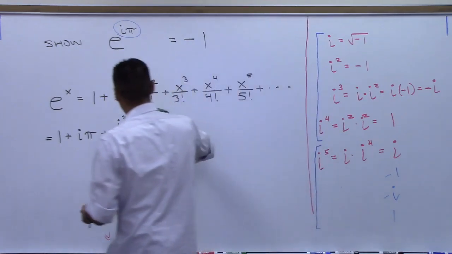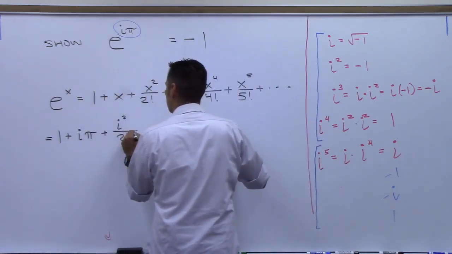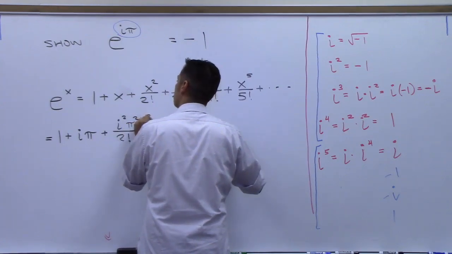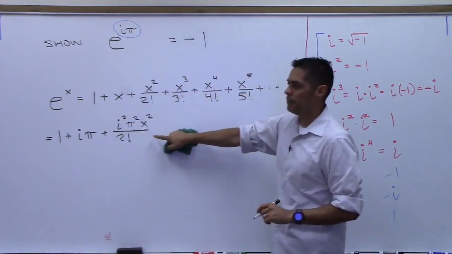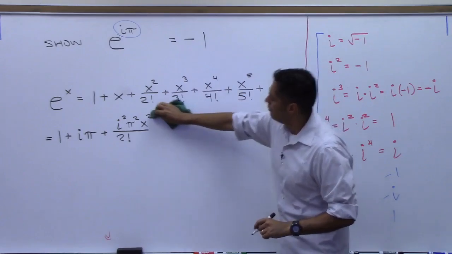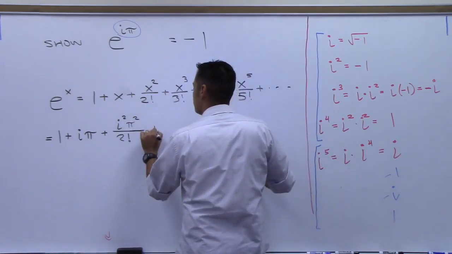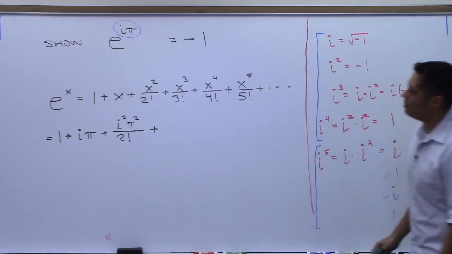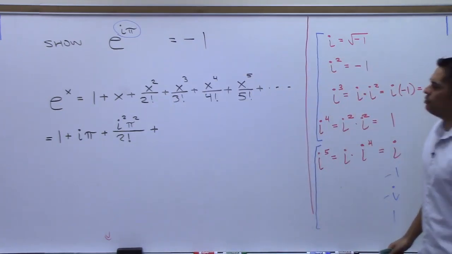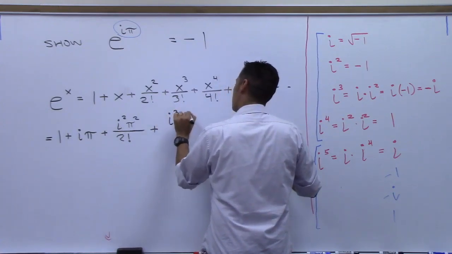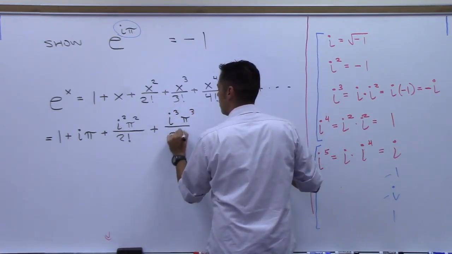Sorry about that. Cubed, i cubed, pi cubed over 3 factorial.